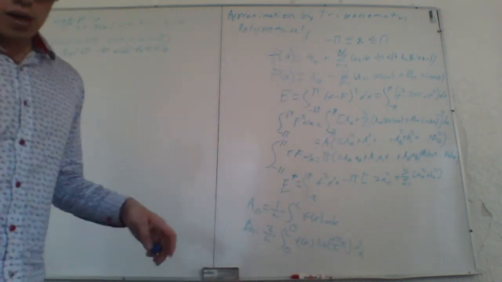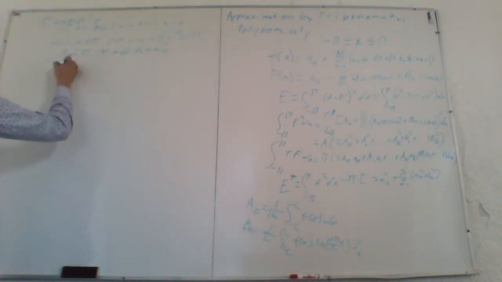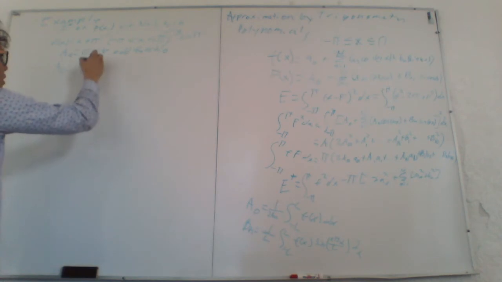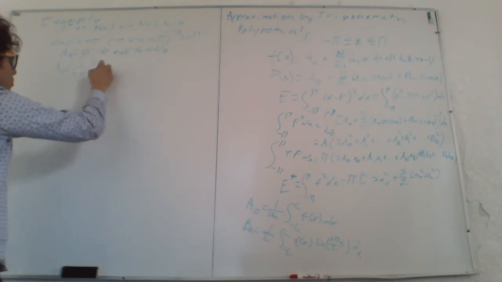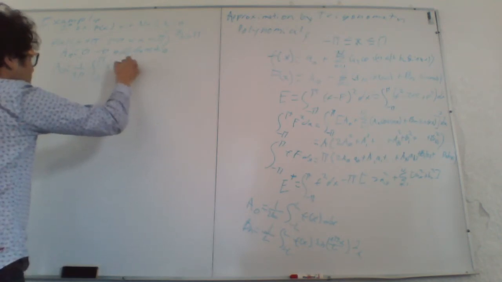Okay, so we are going to put the a0. A0 is equal to 1 over 2 pi, the integral between minus pi and pi of f(x), that is x plus pi.